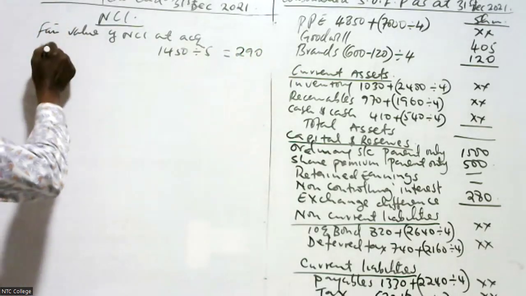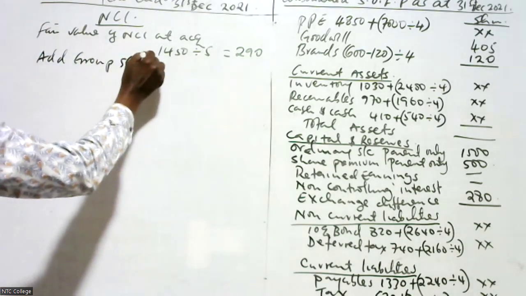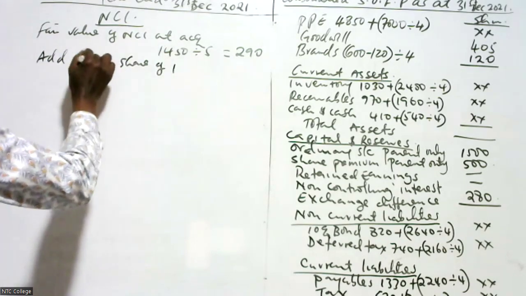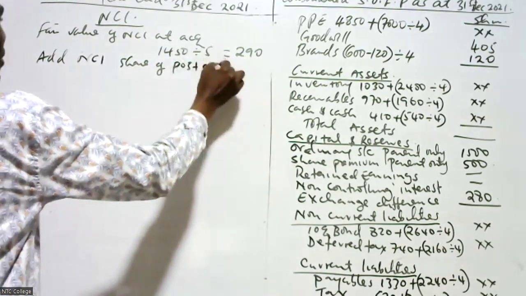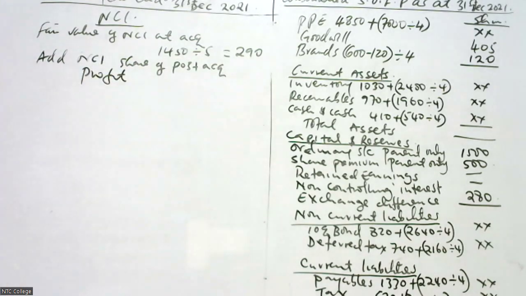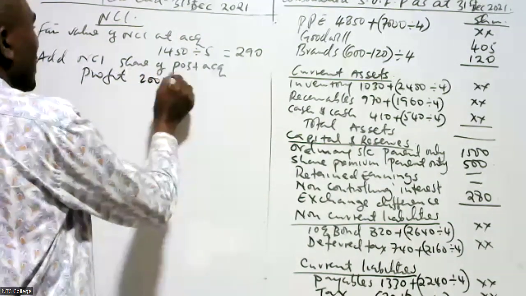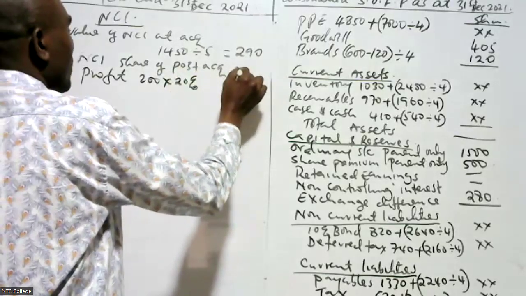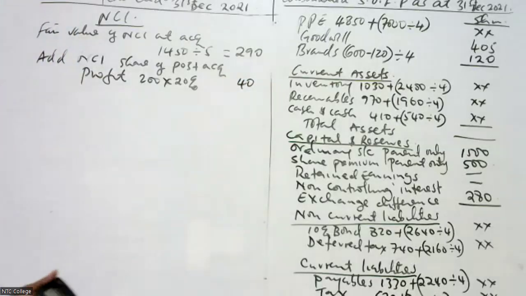Then we add NCI share of post-acquisition profit, the one we reported, that was 200 times 20%, which is 40.